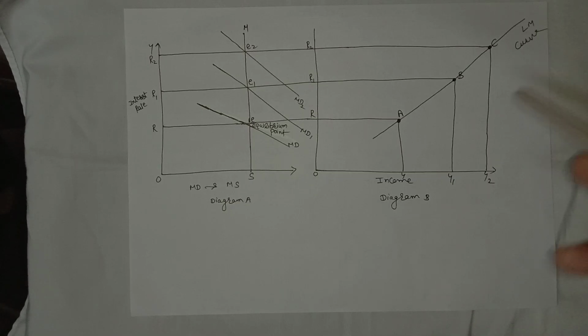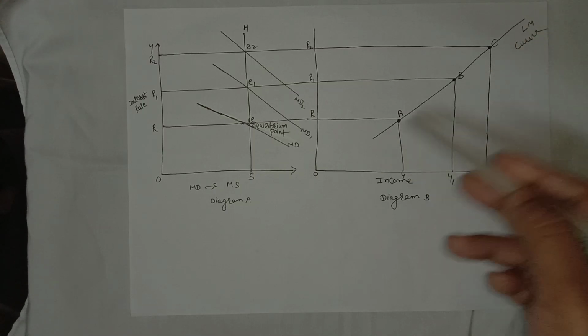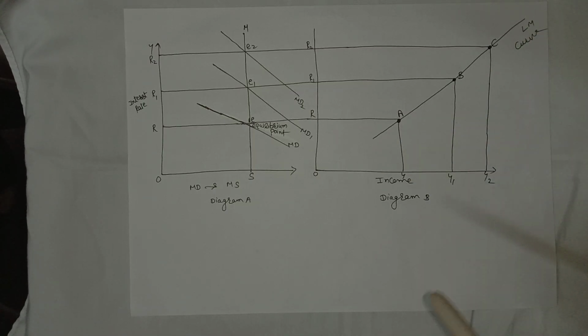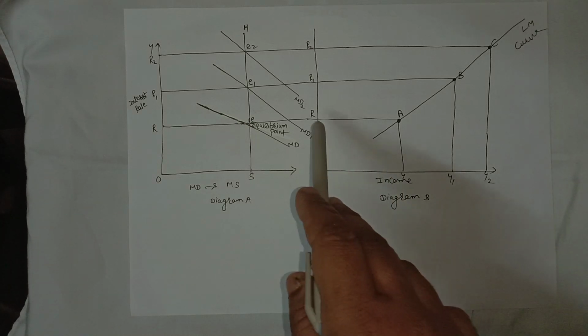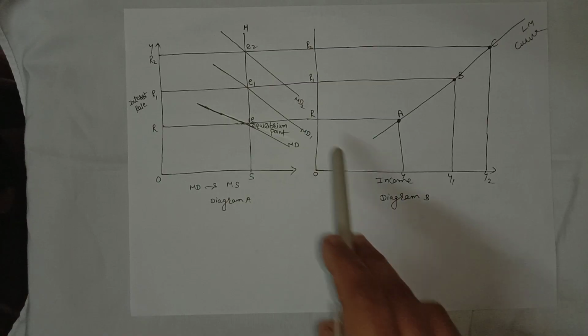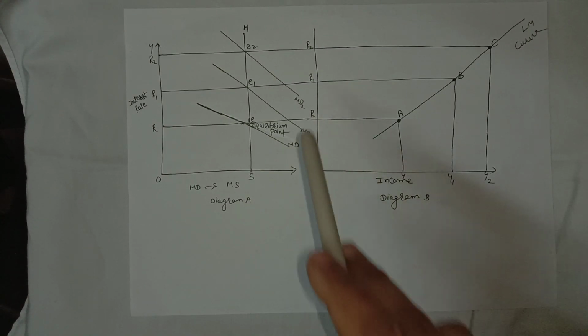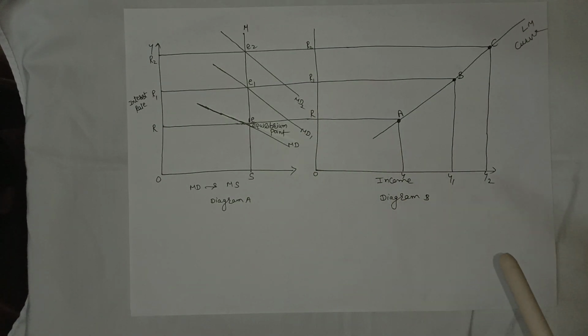When we join all these three points, we get our LM curve. The LM curve shows various combinations of income and interest rate which tell us about equilibrium in the money market. The slope of this LM curve is upward. Hope you understood. Thank you.